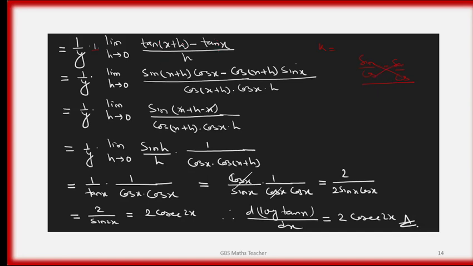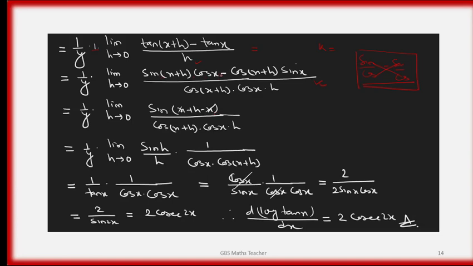So here sine of x plus h by cos of x plus h, so sine of x plus h times cos x minus cos of x plus h times sine x, by cos of x plus h times cos x into h. I have written sine by cos and taking LCM, you will get this step. One more step you can do here if necessary, otherwise it is clear.